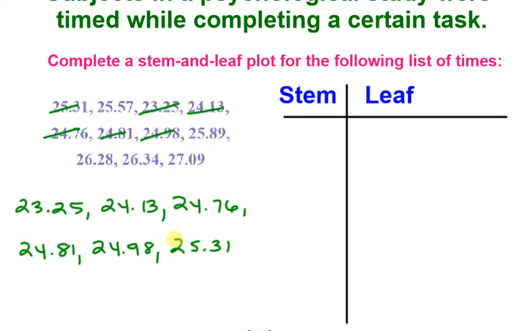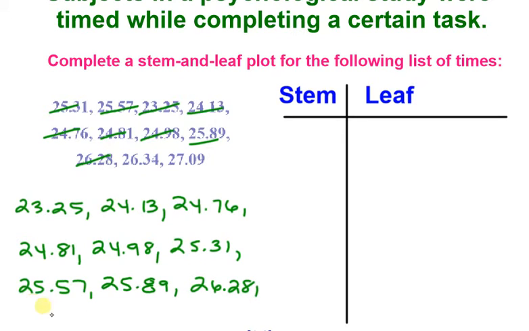25.31, 25.57, 25.89, 26.28, 26.34, and 27.09.